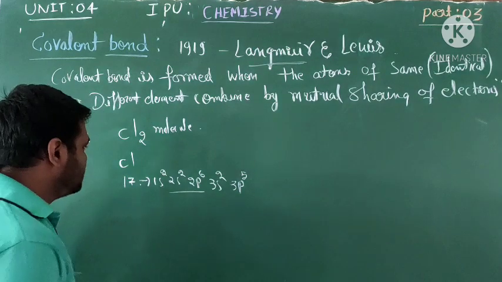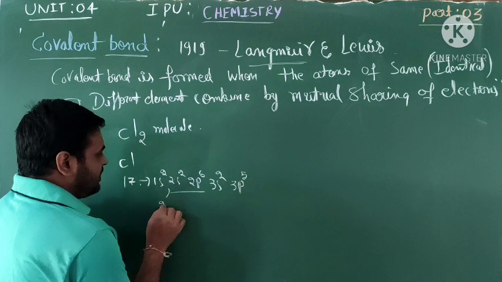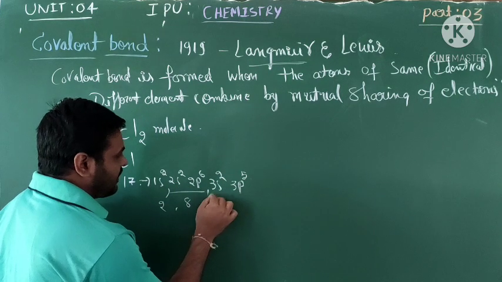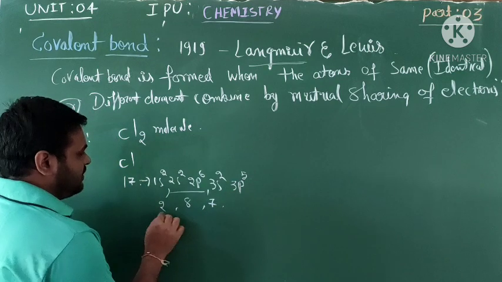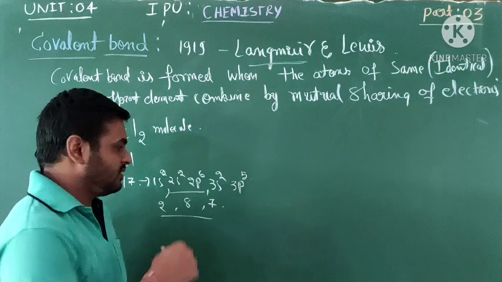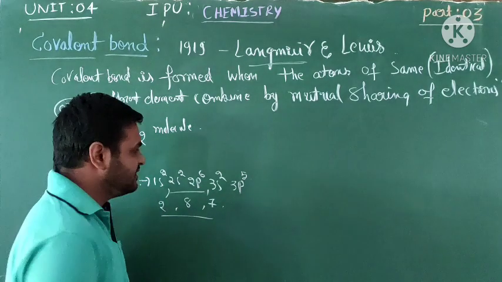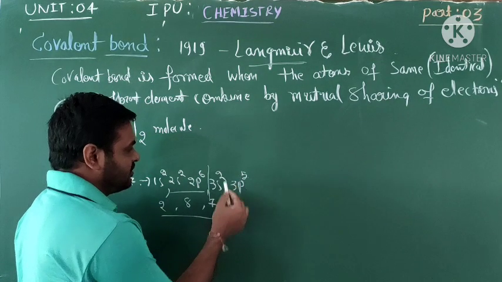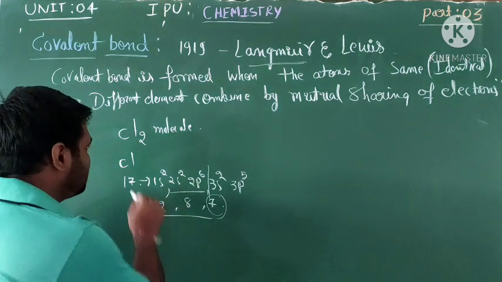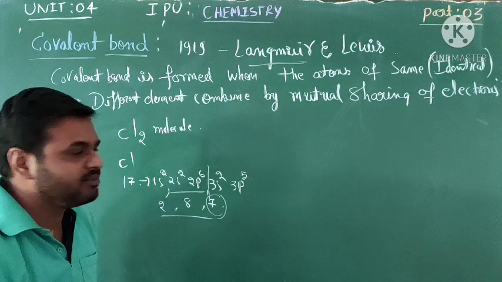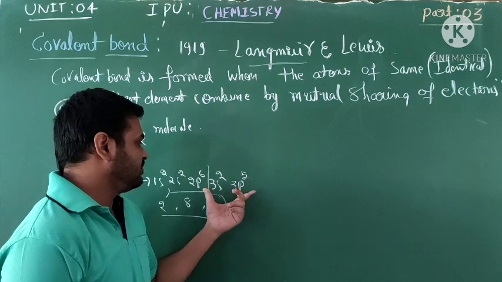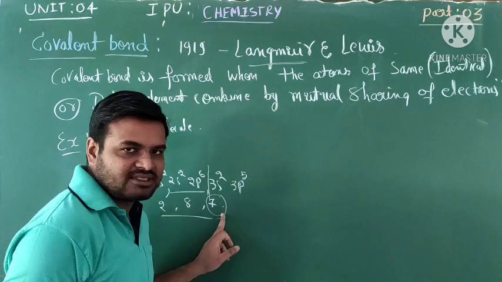Okay. So this is 2, this is 8 and this one is 7. So in chlorine, how many valence electrons are present? 5 plus 2, so 7 valence electrons are present in chlorine. So we have to represent chlorine as a dot structure. These are the 7 valence electrons.